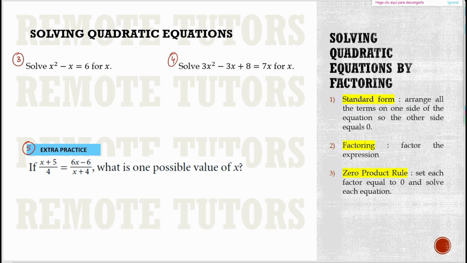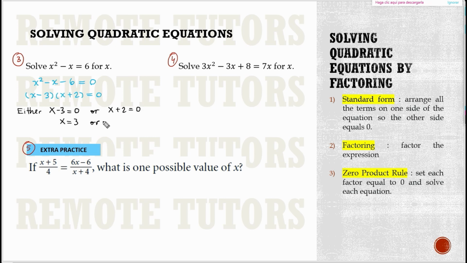The first one is the standard form, so I will subtract 6 from the left side, and then I have to find the factored form of the expression on the left, that is given by x minus 3 times x plus 2. And at last, the zero product rule, so either x minus 3 gives 0 or x plus 2 gives 0.